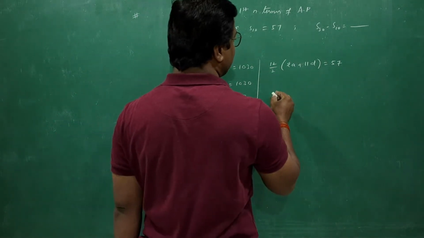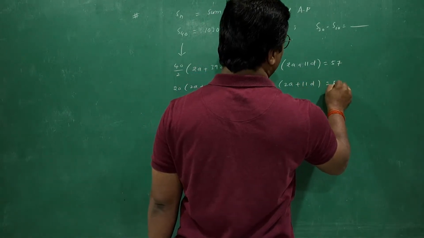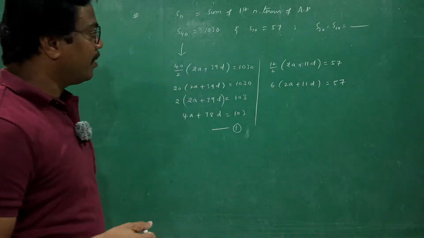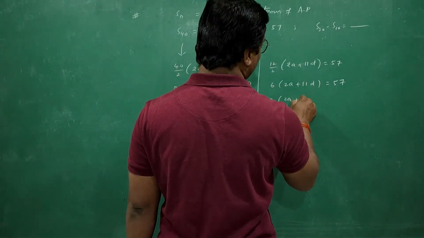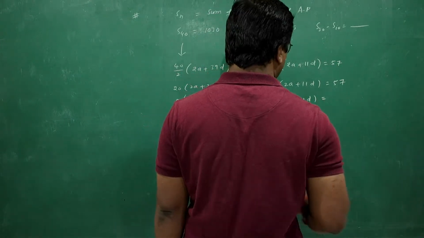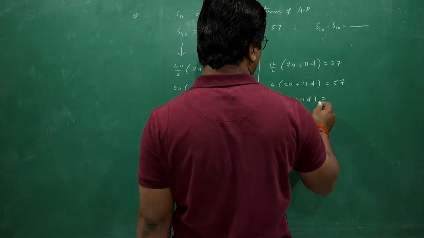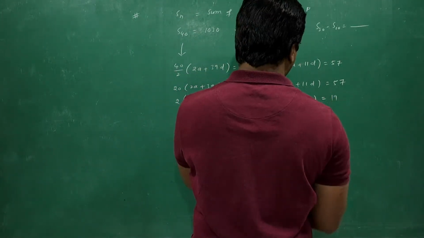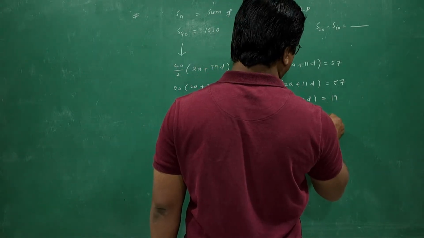Next, 6 into 2a plus 11d equal to 57. Now, divide with 3 on both the sides. 2 times of 2a plus 11d equal to 19. Therefore, 4a plus 22d equal to 38. This is the second one.